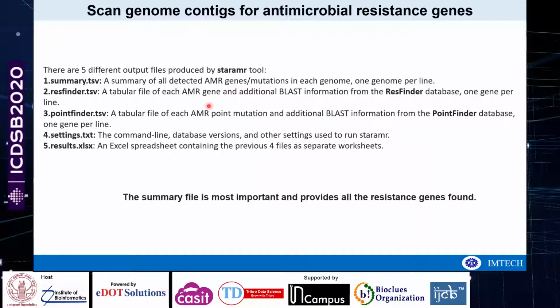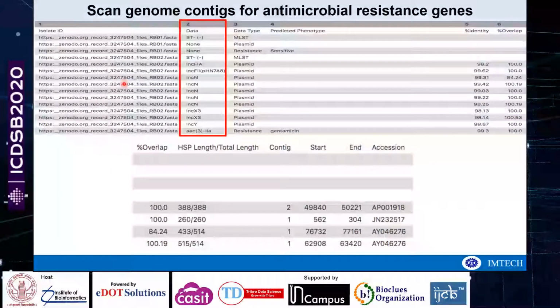ResFinder focuses on the acquired resistance genes only, giving a tabular file of each AMR gene and additional BLAST information from the ResFinder database, one gene per line. PointFinder gives a tabular file of each AMR point mutation and additional BLAST information. There are also settings.txt and the results.xlsx.